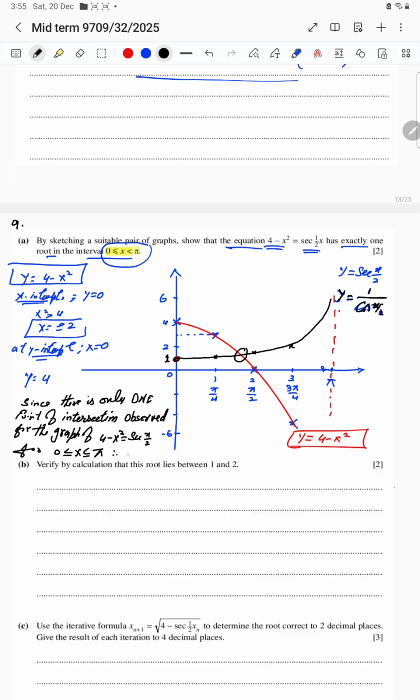Therefore it has only one root. This is the 2 marks. I hope you got it.